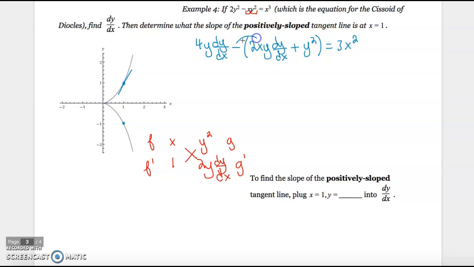All right, so now let's go ahead and distribute that negative. So I have 4y dy/dx minus 2xy dy/dx minus y squared equals 3x squared. And so now all my dy/dx's are on one side, but I've got to move this y squared over to the other side first.